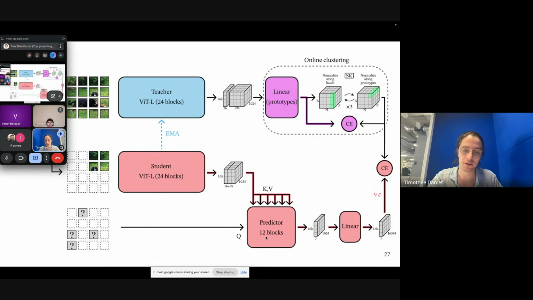Why do I say that? Because if you have 16K times 7 mask tokens that you have to assign to 16K prototypes, then the Sinkhorn-Knopp has to assign them exactly. You have enough to have 7 tokens per prototype.